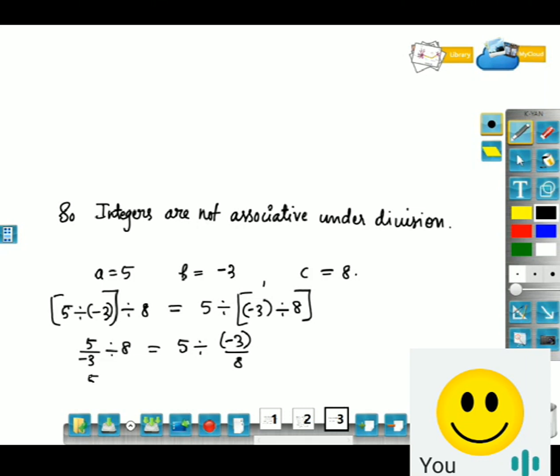So 5 divided by -3 will remain as it is, the division sign we are converting into multiplication, and reciprocal of 8 will be 1 by 8. On the right, first term will be as it is, division we are changing into multiplication, and the reciprocal of -3 by 8 will be 8 by -3.